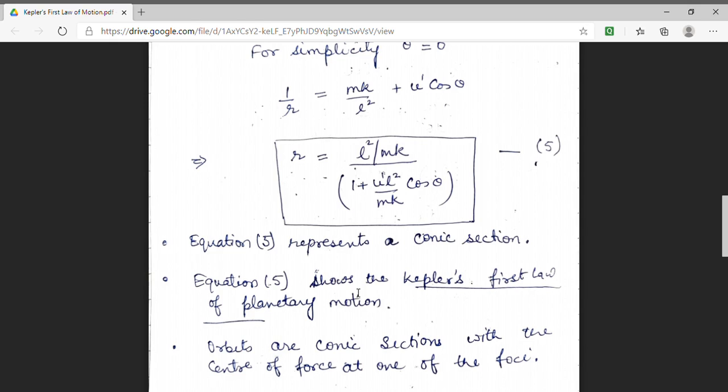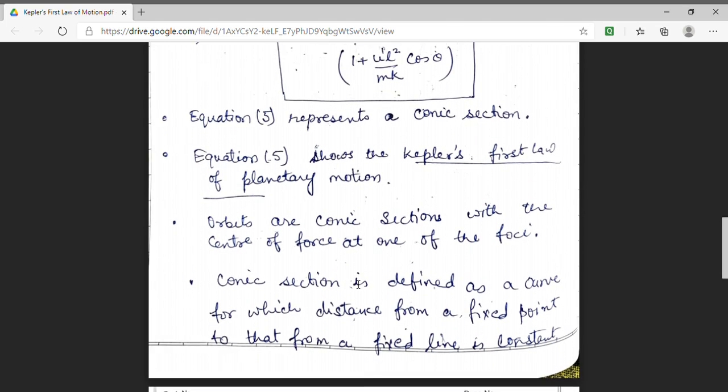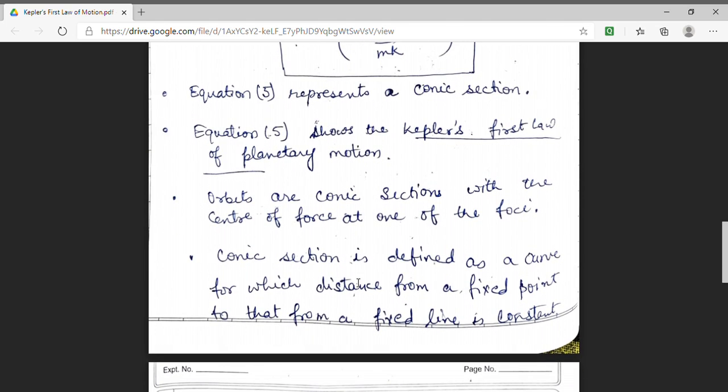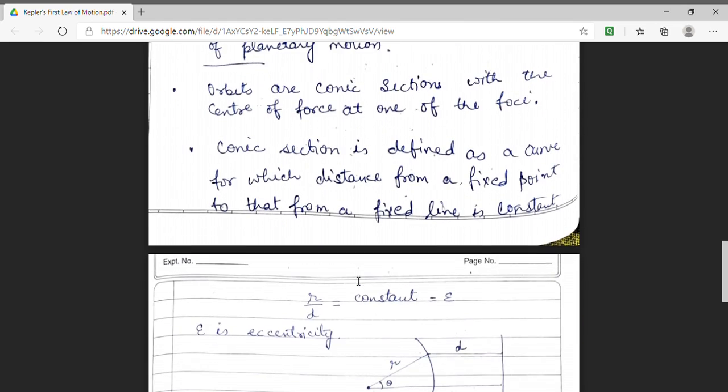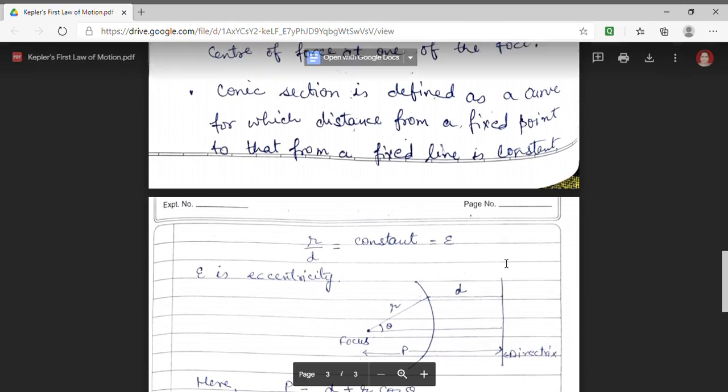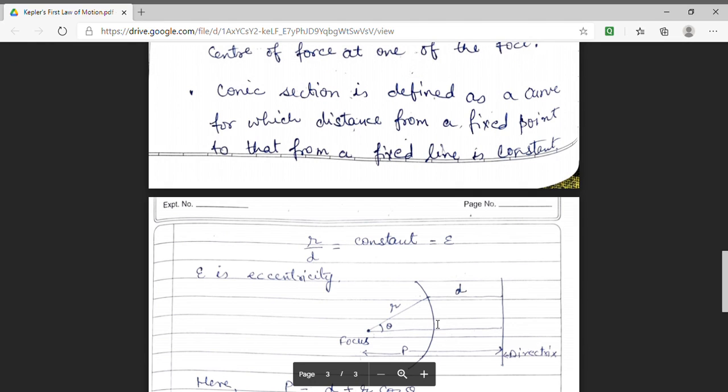Now we will define this conic section as a curve, which I am showing you. This is defined as a curve for which the ratio of the distance from a fixed point to the distance from a fixed line is constant.